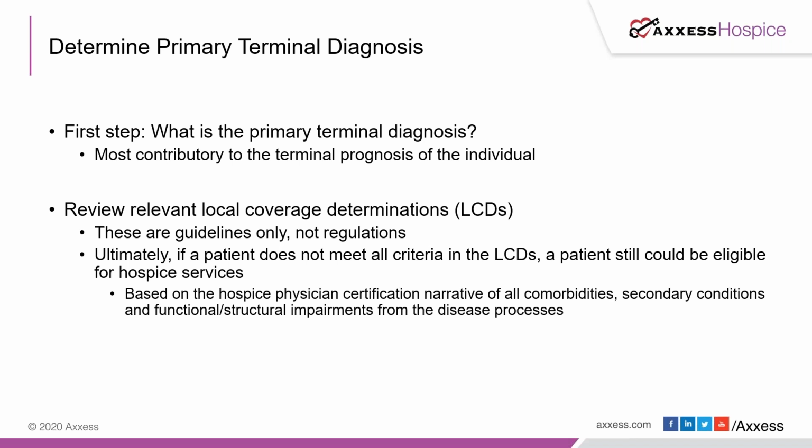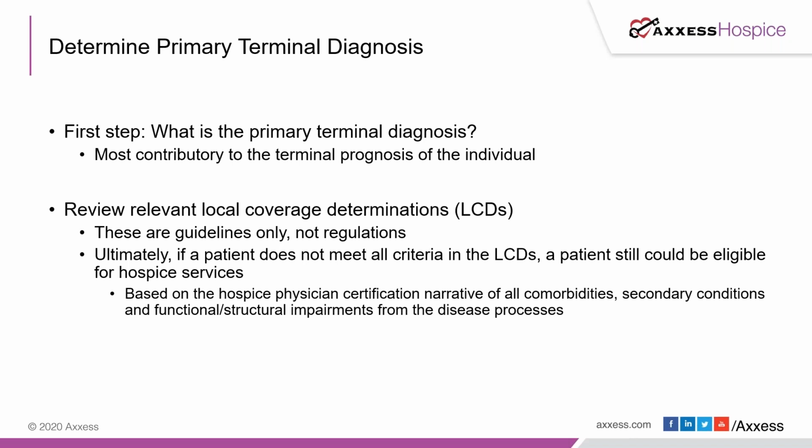hospice. That's based on the physician certification narrative in the CTI, looking at all of the comorbidities, all of the secondary conditions, and the functional and structural impairments from the disease process. So you may have a patient with a primary diagnosis of Alzheimer's disease, but their FAST score is 6D perhaps, not 7 or beyond, but they've had 3 hospitalizations, and they're having multiple infections, and skin breakdown, or all of these different secondary conditions listed in there.